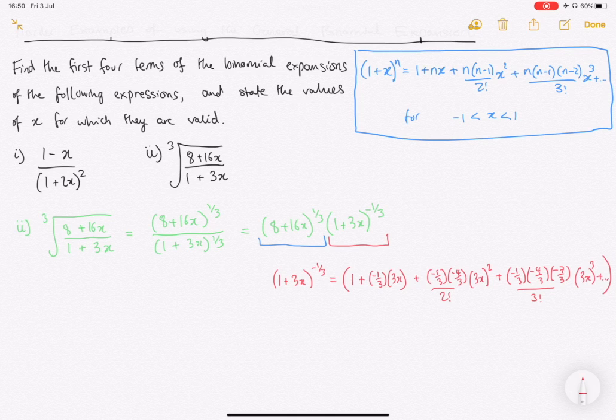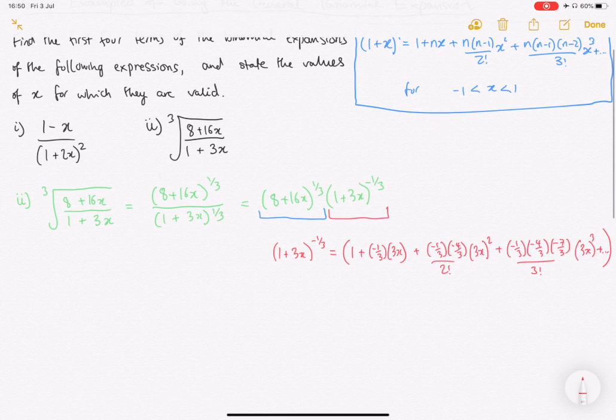Well, doing some simplifying, what do we get? We get 1 minus x, and then here, well, we're going to have a 3 squared, but the 2 3's on the denominators is also 3 squared, so they cancel. So we get negative 4 times negative 1 divided by 2 factorial, which is just plus 2x squared.